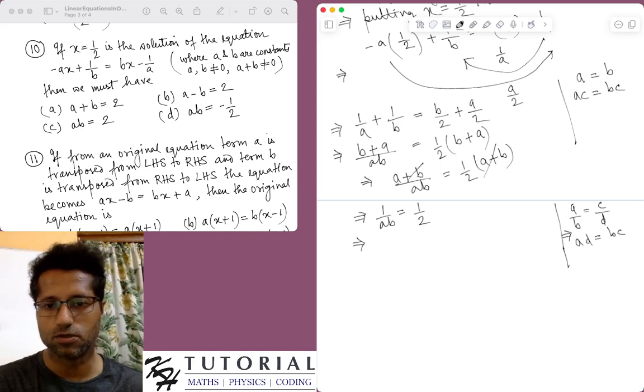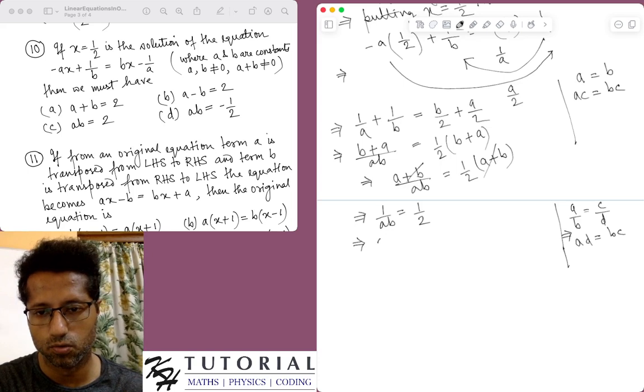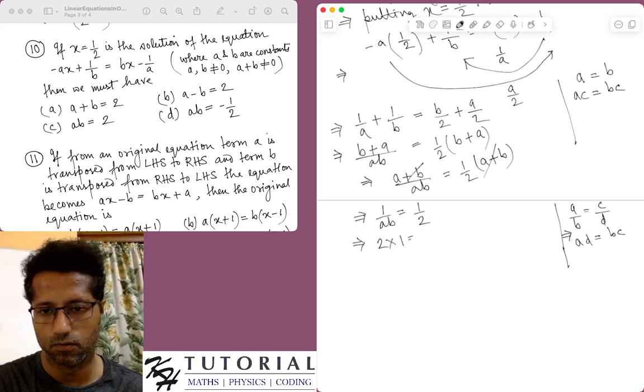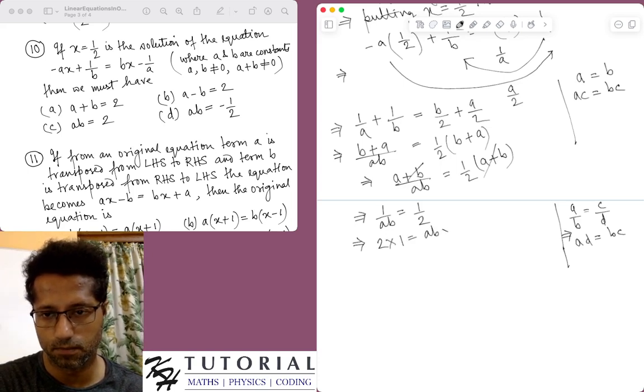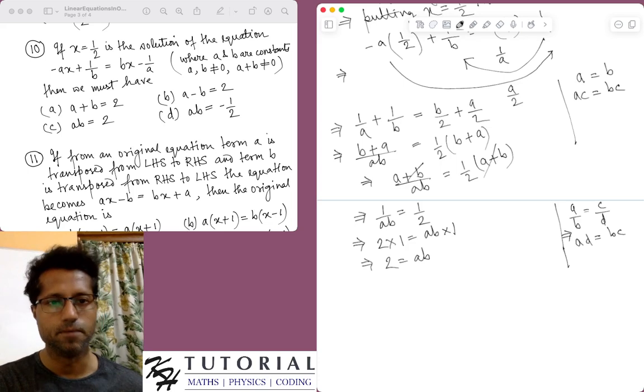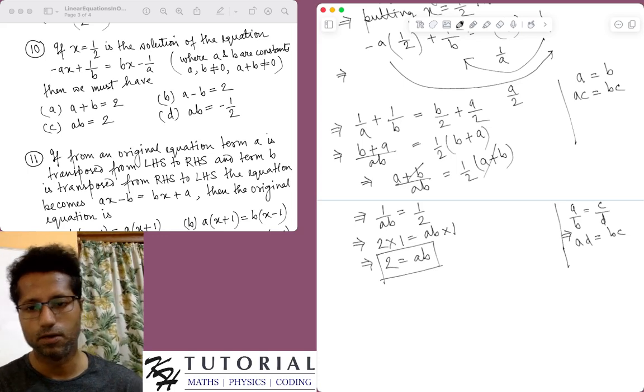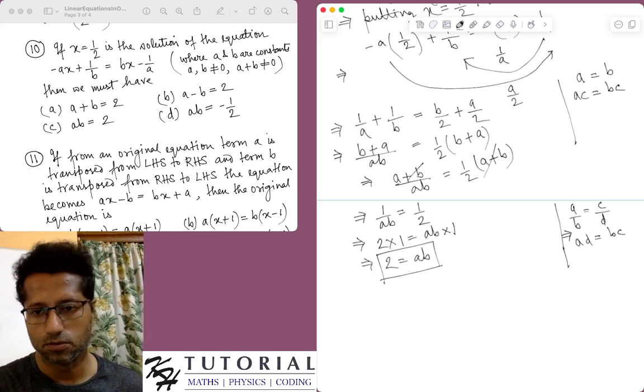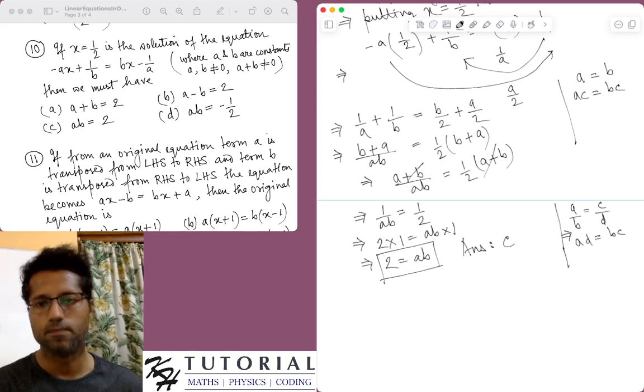So if we apply this concept in this problem, we get 2 multiplied by 1 equals ab multiplied by 1. This implies 2 equals ab. So the relation we got is ab equals 2, and the correct choice is C.